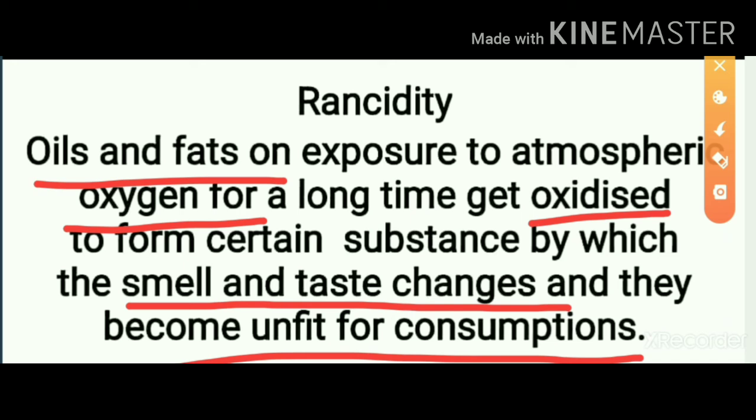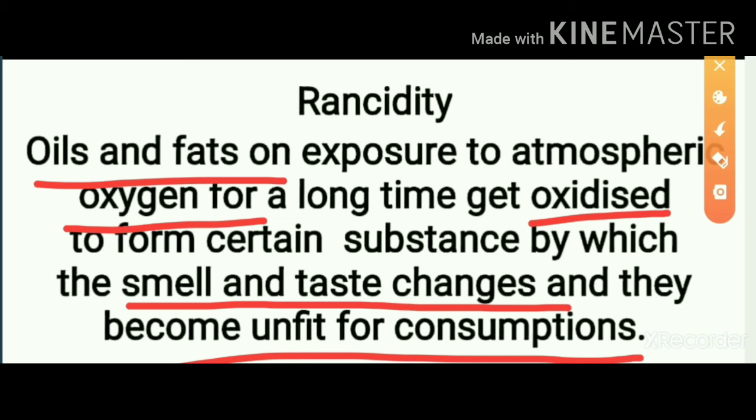For example, if you place a food item in the atmosphere for 2 or 3 days, the oil or fat contained in this food item reacts with atmospheric oxygen and forms new substances.